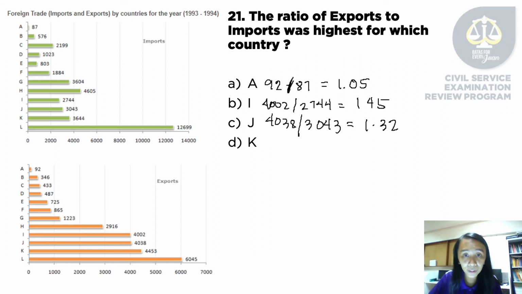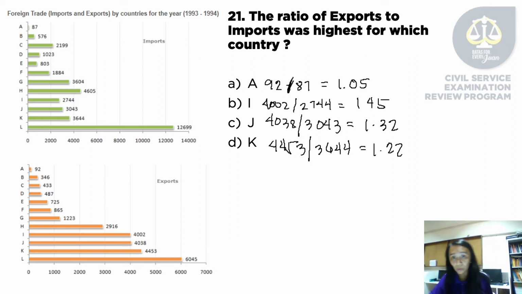And lastly, for country K, I have 4,453 divided by 3,644, which is equal to 1.22. What we are looking for is the highest ratio. Therefore, the answer is 1.45. My answer is letter B. The correct answer is letter B.